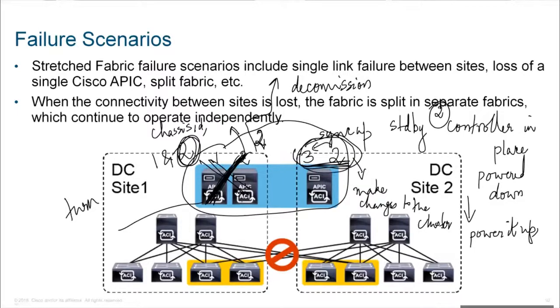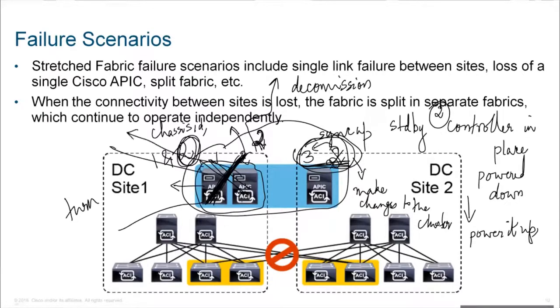Suppose this has been on for about 10 hours and this has not synced up. Anytime it has not synced up for 7 hours, that's the max, it will not join the cluster anymore. This will not form a healthy relationship if you power it on after 7 hours. In fact, forget 2. 2 is not going to join because this 2 is already there unless you decommission this one. So what I would do is clean these nodes up.